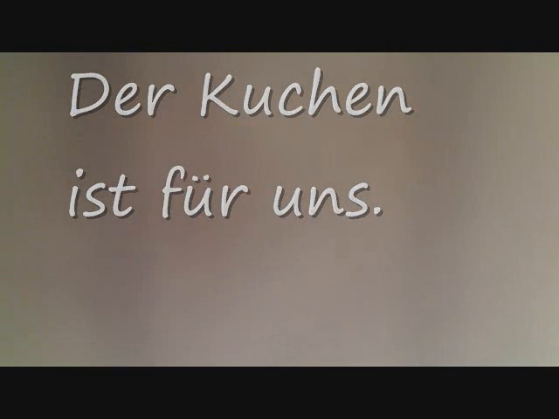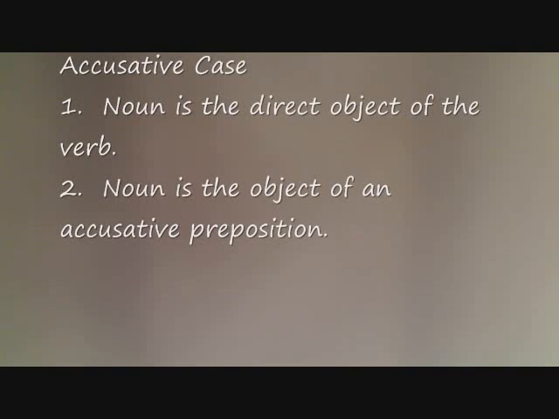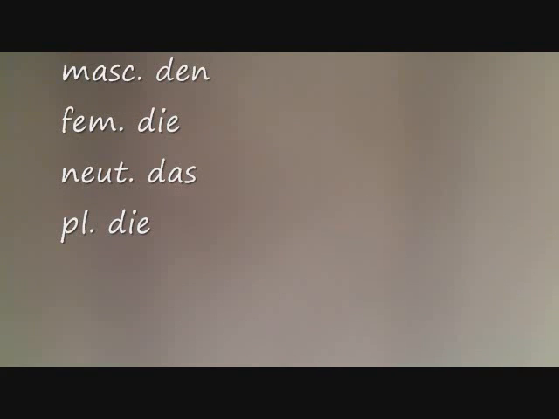So remember that there are two cases when the accusative case happens in German. The first one is when nouns are the direct object of a verb, and also when they follow an accusative preposition. Remember that the definite articles for masculine are den, for feminine, die, for neuter, das, and for plurals, die.